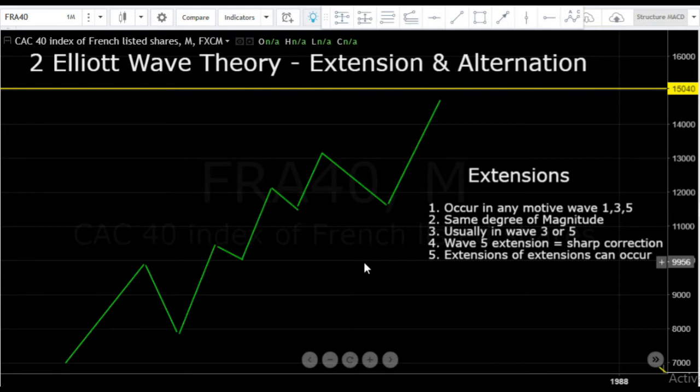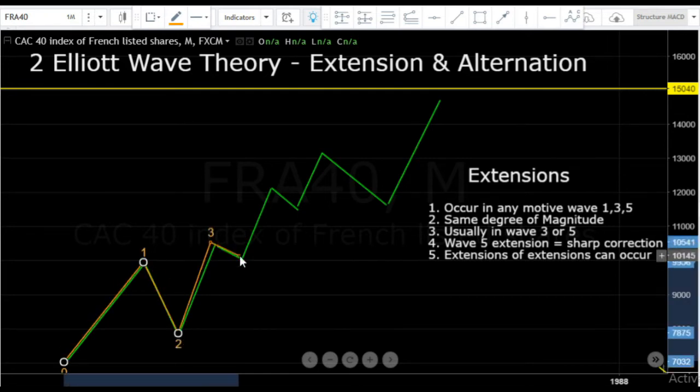Okay folks, so here we have a bit of an irregular looking shape that looks like an impulse but isn't quite an impulse because the wave count's all wrong. So how do we go about determining what this is and what's going to happen next? If we take our impulse tool, we can go 1, 2, 3, 4, 5, but clearly that's not correct. So how do we go about counting this?